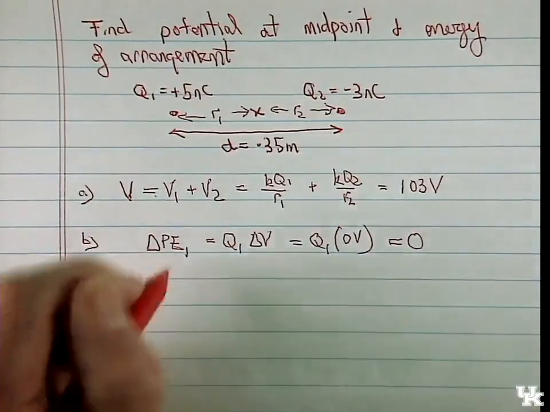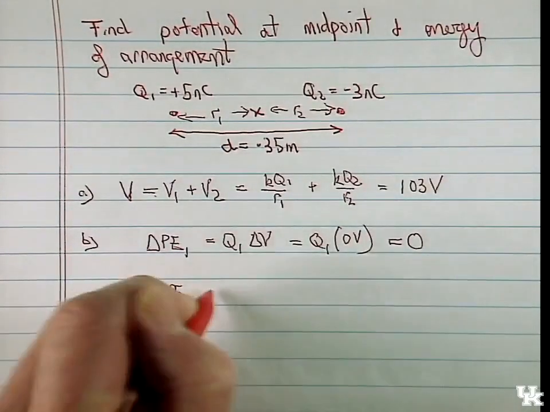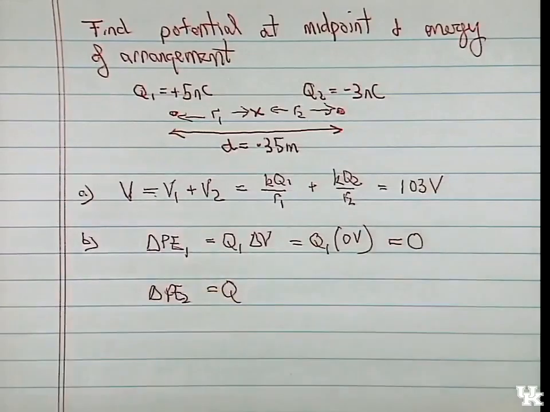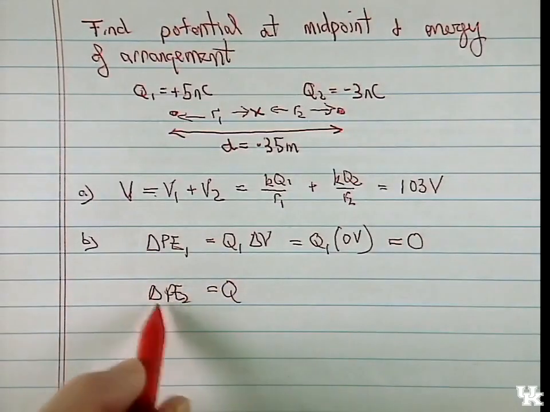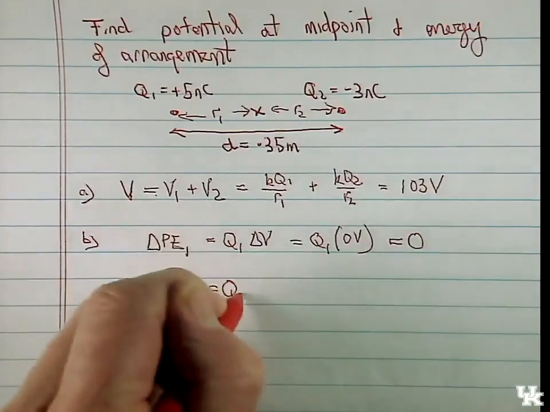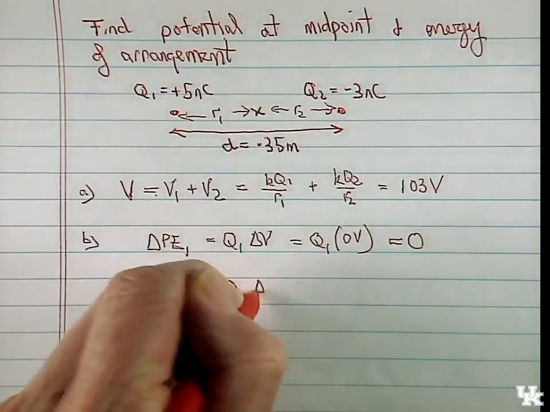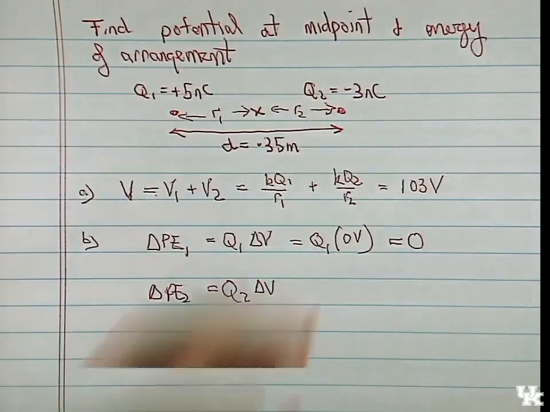What about the second charge? I'm going to bring in the second charge. I'll call it delta PE2. So that's the change in potential energy when I bring in the second charge. It's the amount of charge times the change in potential that that second charge experiences when I bring it in.